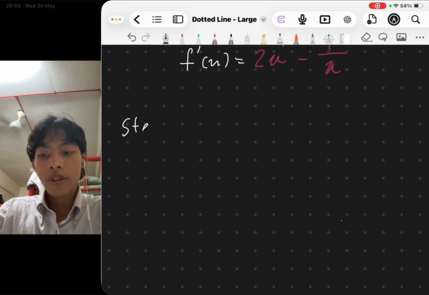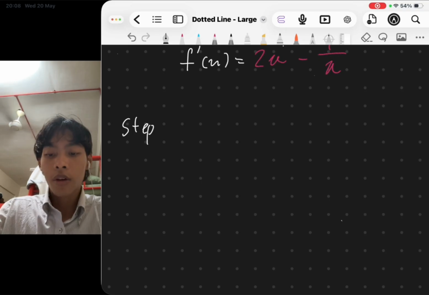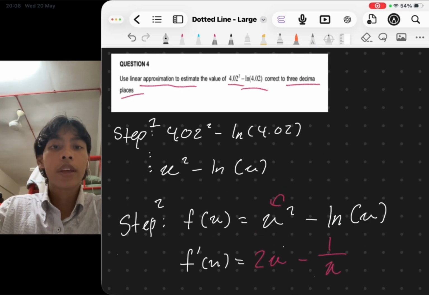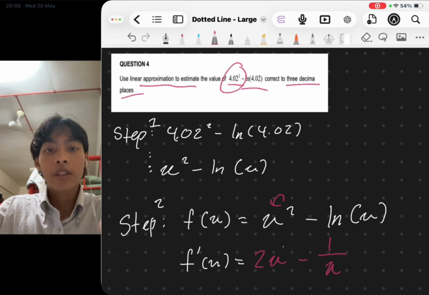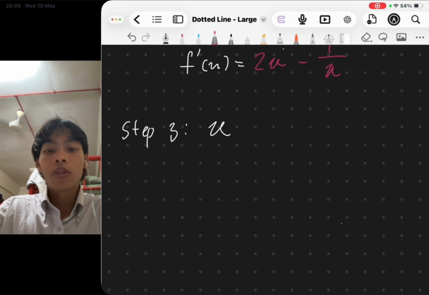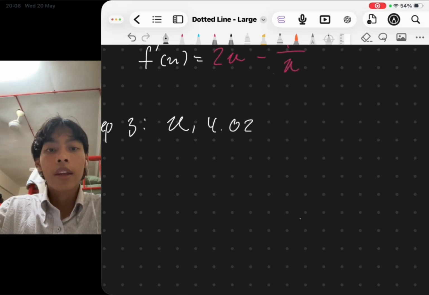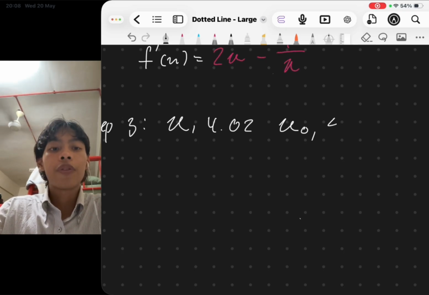Now step 3 is to determine the value of x and x0 to find the slope of x. So what is x? We just take back the answer from here. x is 4.02. And then x0, we need to find a number closest to it, so let's say 4.